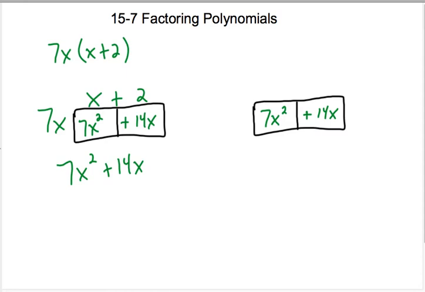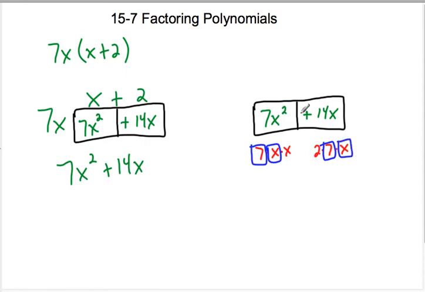Well, what we do is we split up each term into its prime factors. So 7 times x are the prime factors of 7x squared. And then the prime factors of 14x are 2 and 7 and x. Then you figure out what they have in common. They both have a 7 and they both have an x.